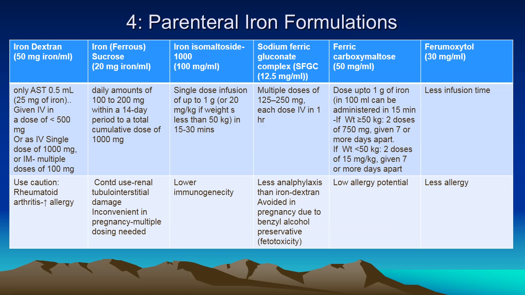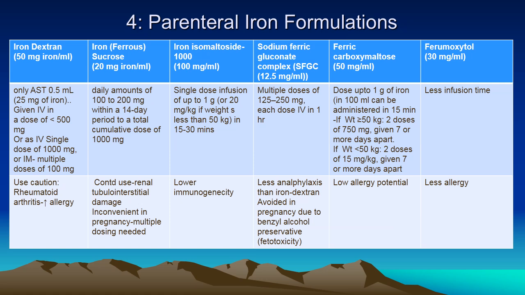Iron isomaltoside can be given as a single dose, and it has very low immunogenic potential. So allergic testing may not be required. Sodium ferric gluconate complex is also found to be less antigenic and less inducing anaphylaxis than commonly used iron dextran.